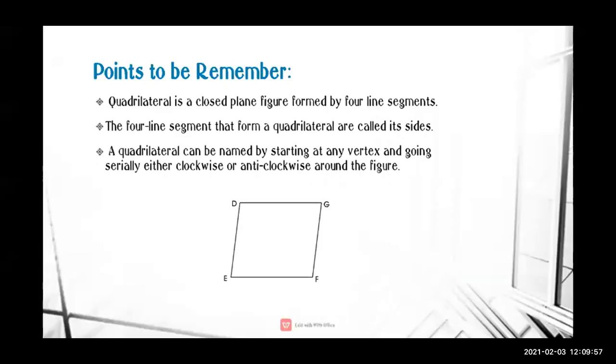There are four angles. And how many vertices are there? Very good. There are four vertices. There are four vertices, four sides, four angles. All the sides are closed. So that figure is called a quadrilateral.